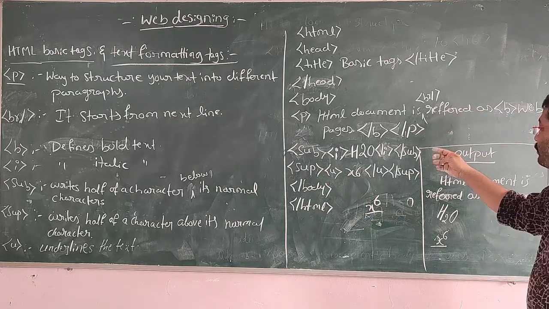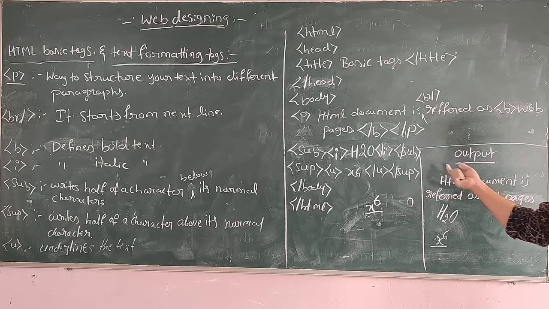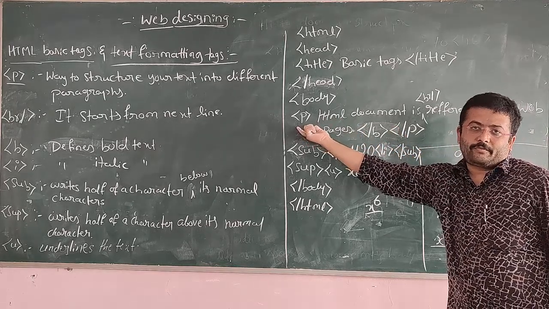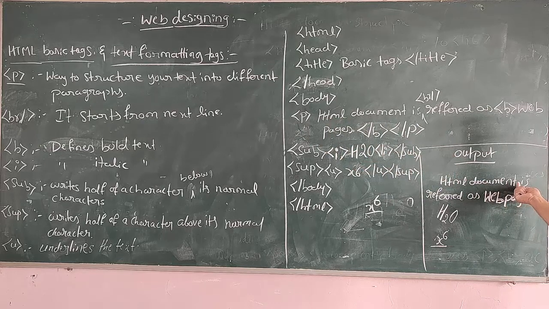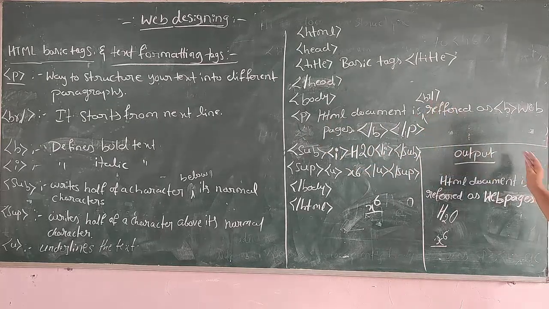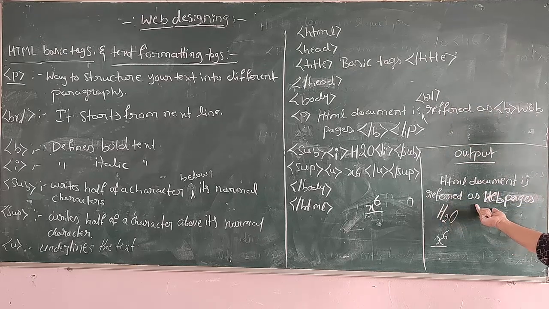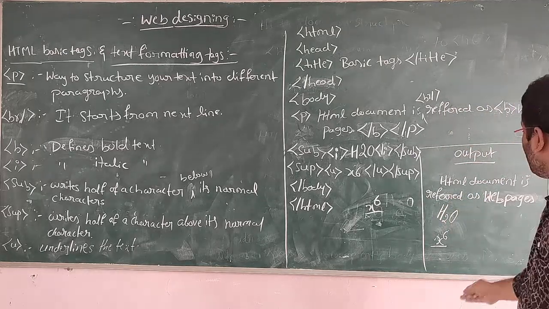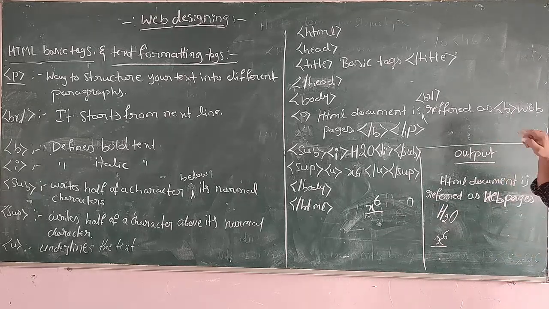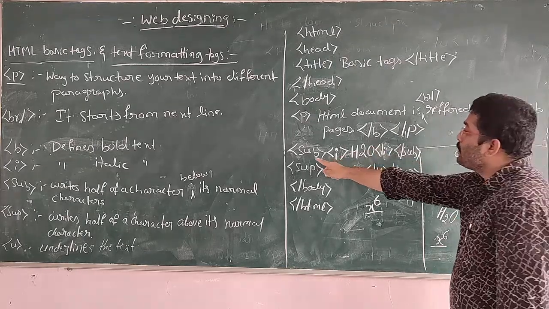So the final output of this program is, I am taking an HTML document that will be written in the paragraph tag. So HTML document is, so here the break tag is used. So after the break tag, whatever the text is there will be displayed in the next line, that is, referred as web pages. So web pages I have written in bold text, so it will be displayed in bold format. So next, the subscript tag.